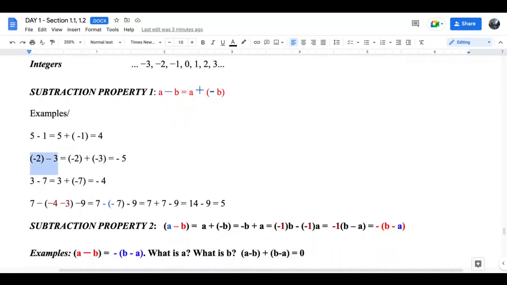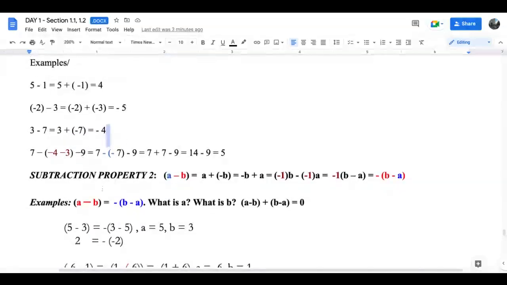Negative 2 minus 3, that's negative 2 plus negative 3, which is negative 5. 3 minus 7, we can think of that as 3 plus negative 7, which is negative 4. 7 minus parentheses, negative 4 minus 3, well, negative 4 plus negative 3, that's negative 7. Negative negative 7 becomes positive 7. 7 plus 7, 14. 14 minus 9, 5.